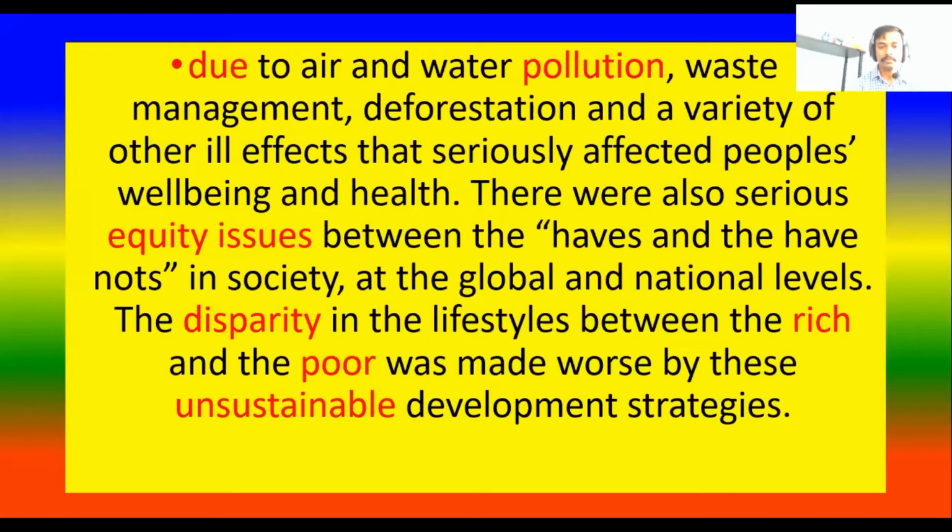Equity issues, equality in using resources, disparity in lifestyle between the rich and the poor, and unsustainable development strategies. For example, developed countries use maximum resources and energy, which may damage the environment, and this affects the poor as well as developing countries.